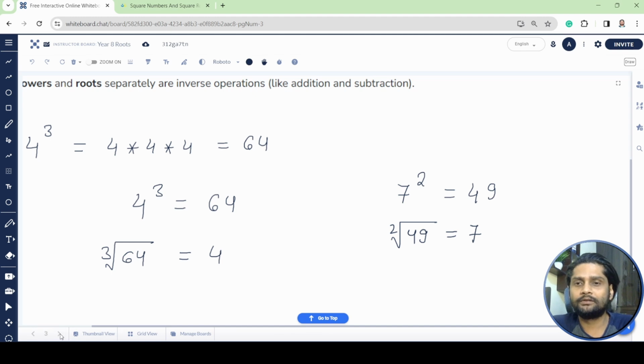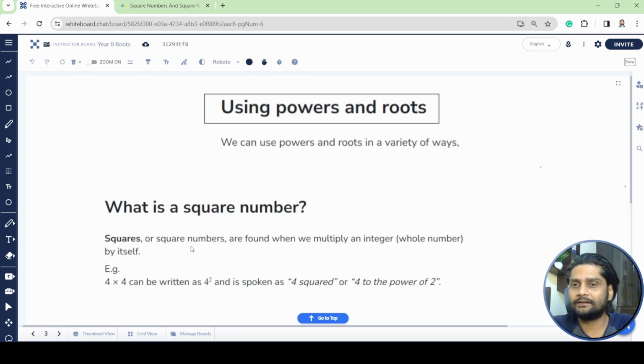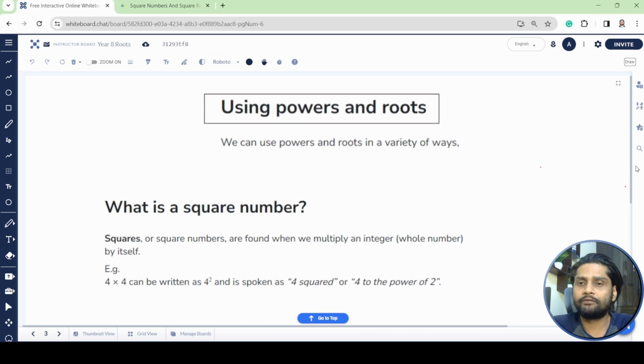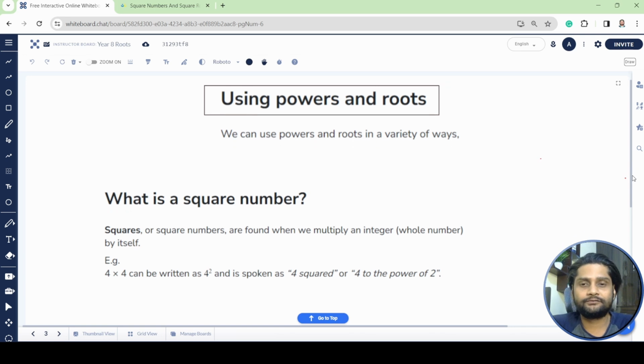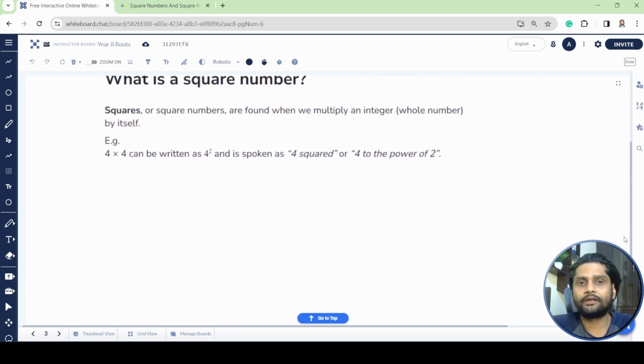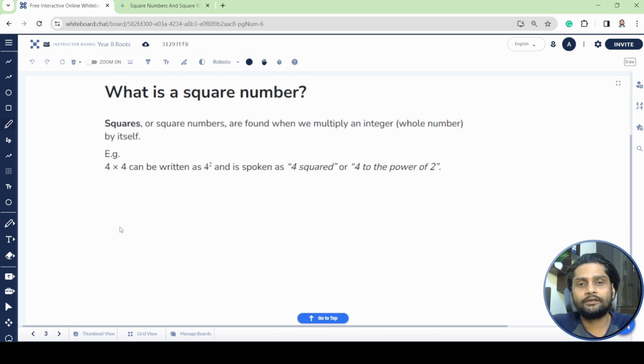So we'll begin with squares. First of all, what exactly are square numbers, and then afterwards we'll also learn how to get square roots. So square, students, as I mentioned, whenever we multiply a number by itself, meaning it has a power of 2, it's simply called a squared number. Let's say 4 has to be multiplied 2 times, so we would say 4 raised to the power of 2, or 4 is squared, and it means 4 gets multiplied by itself.